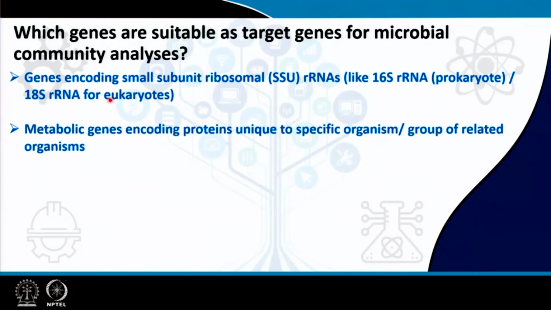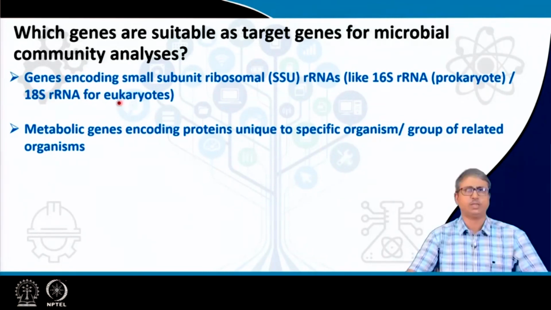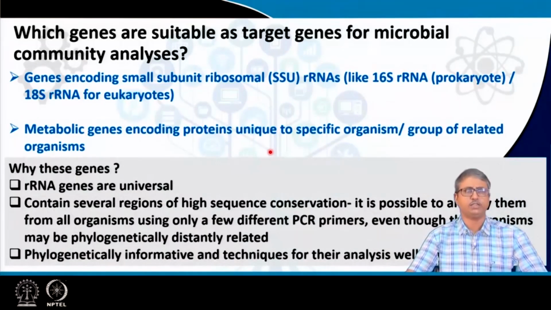One is the genes encoding the small subunit ribosomal RNA, the rRNA genes, like 16S ribosomal RNA for prokaryotes or 18S ribosomal RNA for eukaryotes. Alternatively, or along with the taxonomic marker, we can use the metabolic genes, genes encoding proteins unique to specific organisms or groups of related organisms.